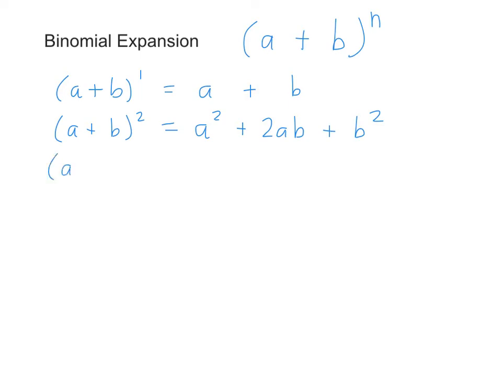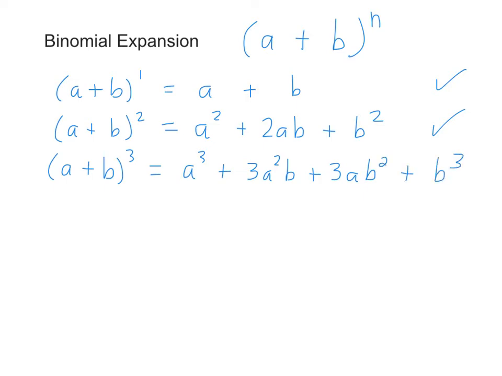If you were to do a plus b cubed, you take your answer from right here and multiply that by another a plus b. What you would get is a cubed plus 3a squared b plus 3ab squared plus b cubed. That's what we would see if we expand a plus b to the third power.